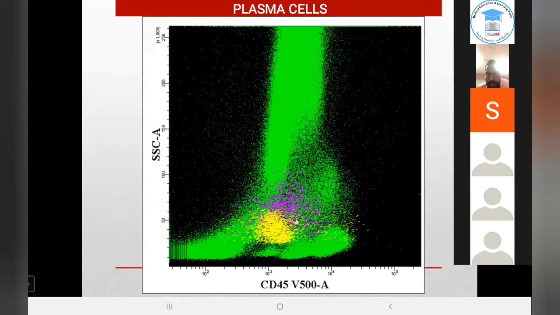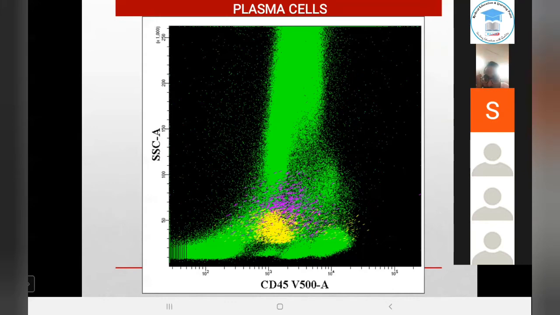So always remember, plasma cells are also dim 45, but they are again in this hole. And the dendritic cells are also somewhere present here. So remember that there are 5 normal populations which are present in the dim 45 region in a normal person. They are the myeloid blast, the hematogones here, the plasma cells here, the basophils here, and the dendritic cells here. Am I clear with this?